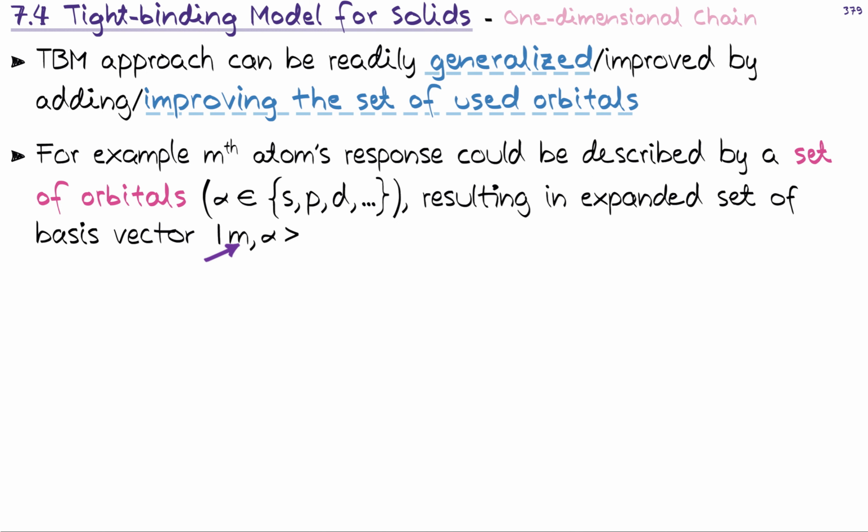So this means that we are looking at the electron wave function near the nth atom in this chain of atoms. And this alpha then would mean that the electron may be, for example, in an orbital resembling an s orbital or p orbital or d orbital and so forth. And this is how we generalize the approach.